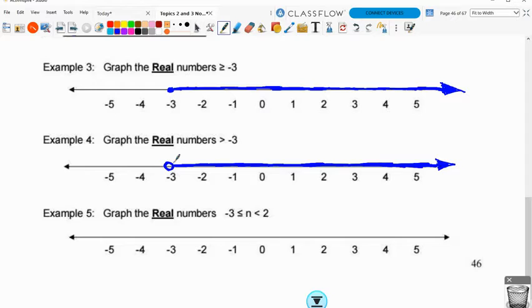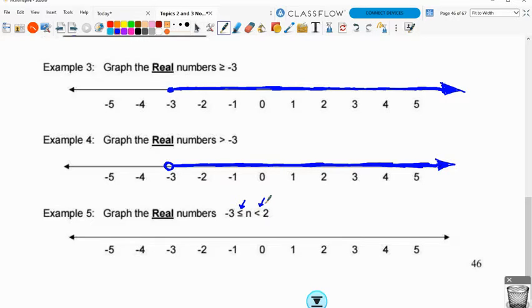In example number 5, graph the real numbers that are in between -3 and +2, and pay attention to the symbols, okay? We see right here that there's an equal to part underneath the symbol, so we can be equal to the -3, but right here, notice we cannot be equal to the +2. So I'm going to have to put a closed circle, I call it, on -3.